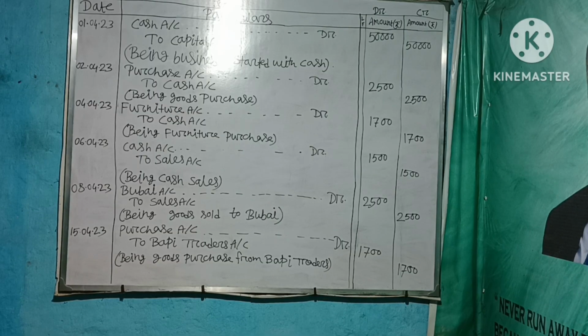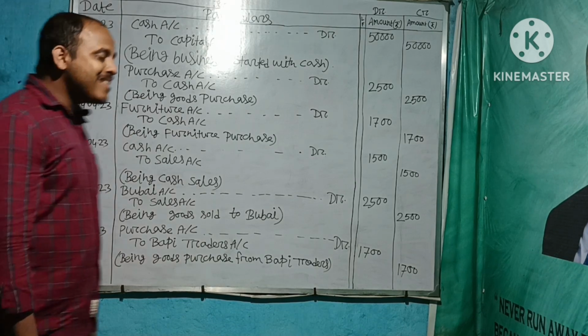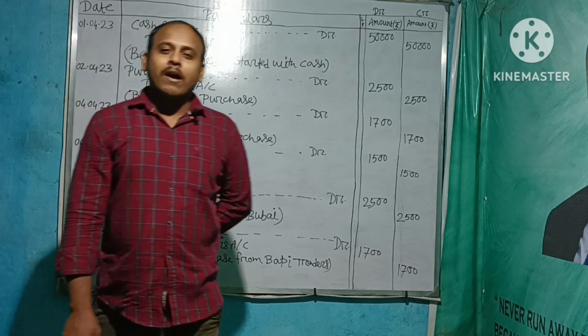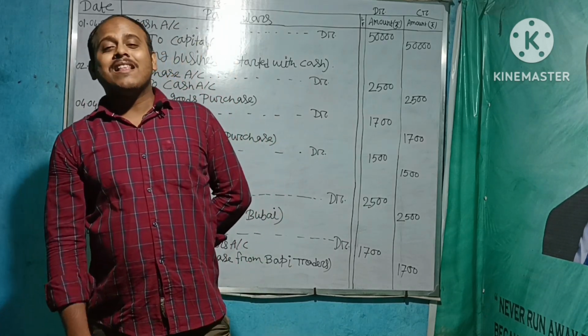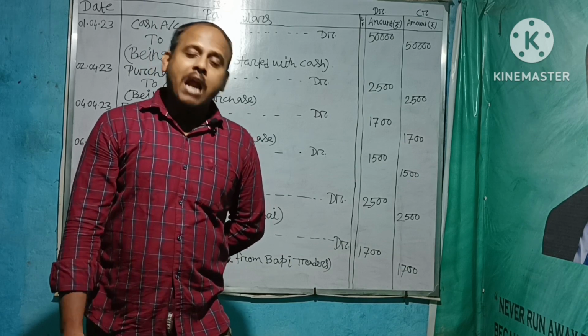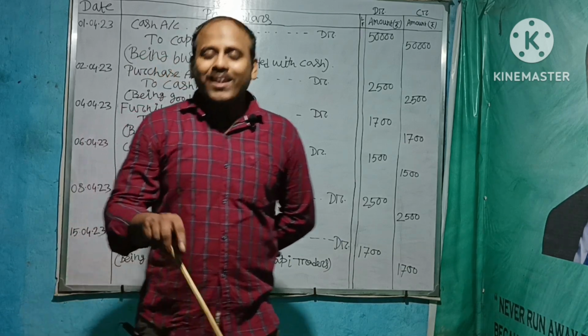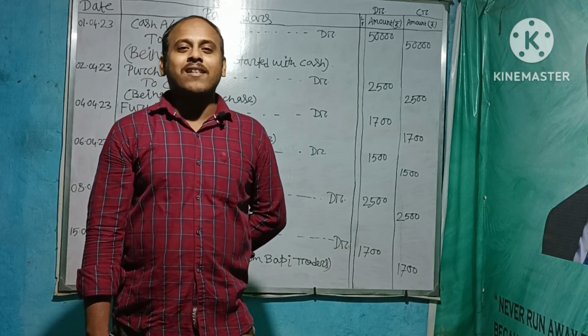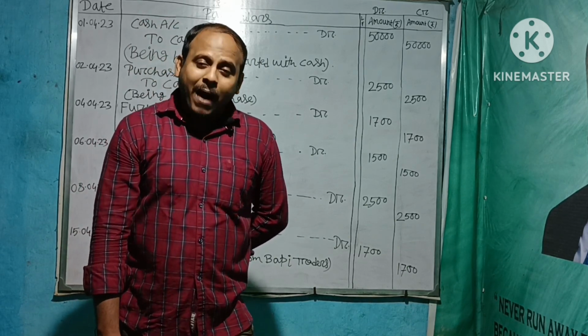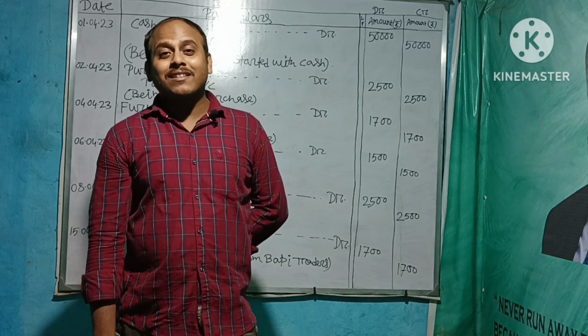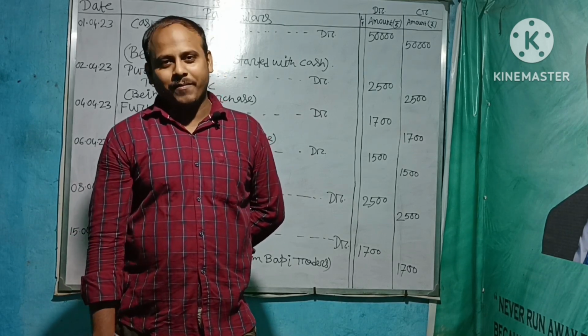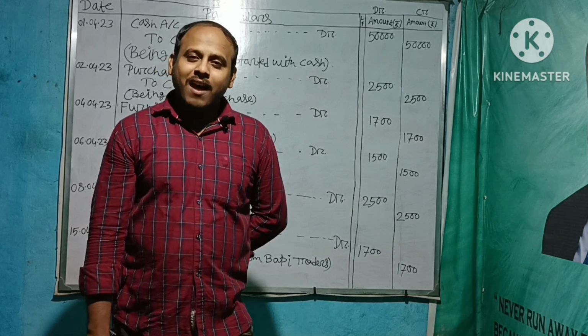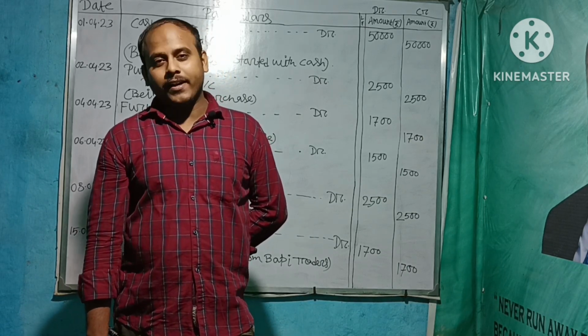Okay, come to the next entry. On 8th April, goods sold to Bubai Stores, 2,500. Here we sell our goods to Bubai Stores. One thing to remember: if a party name is mentioned within the transaction but the term cash is absent, then remember that this transaction is happening on credit.